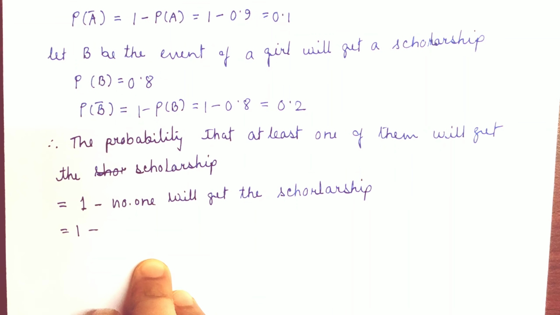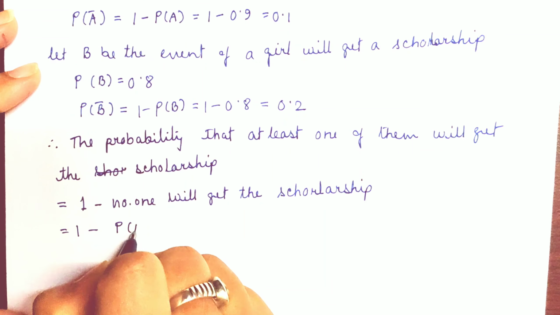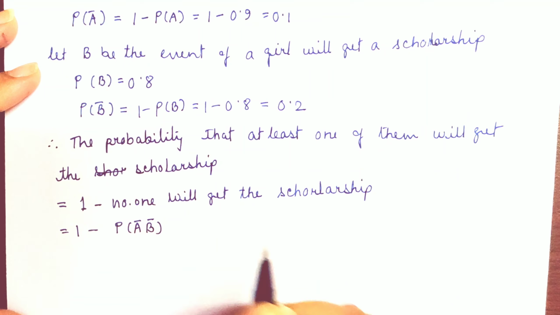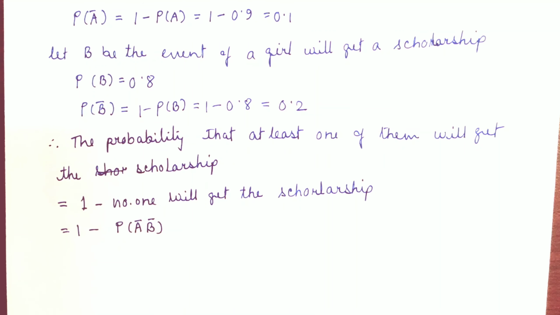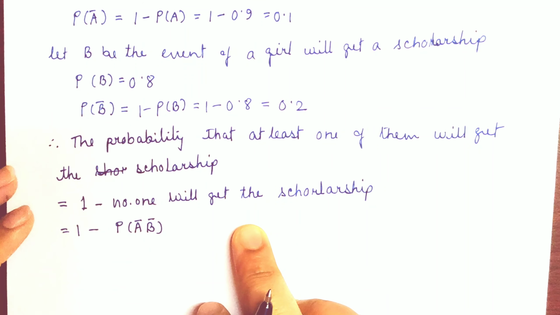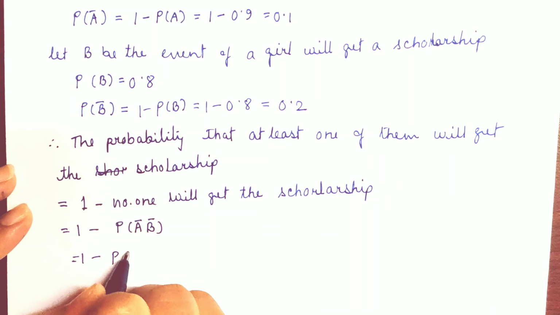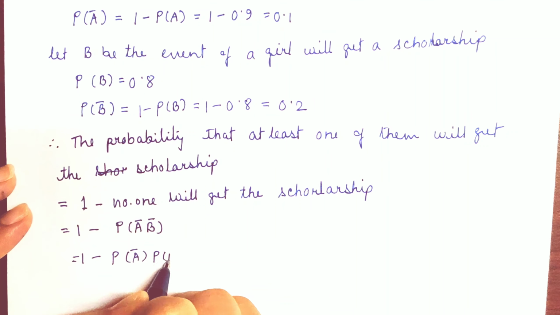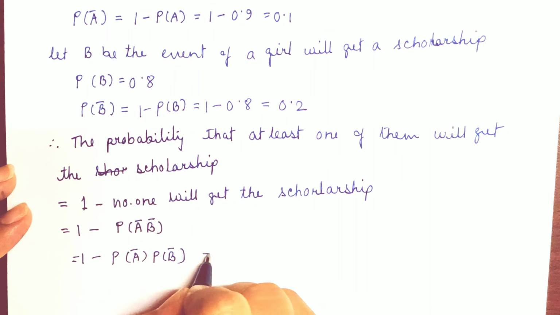No one will get the scholarship, we can write P(A bar and B bar). Since these are independent events, therefore we can write 1 minus P(A bar) into P(B bar).